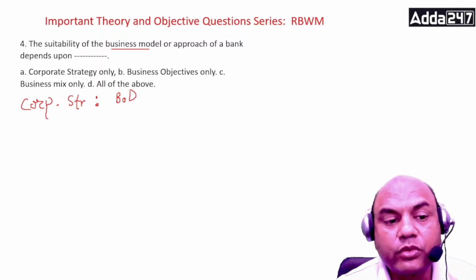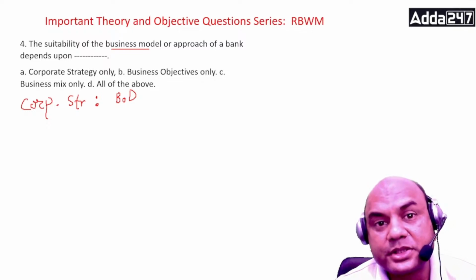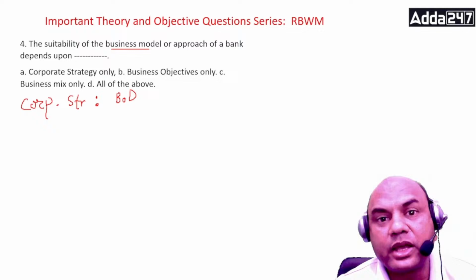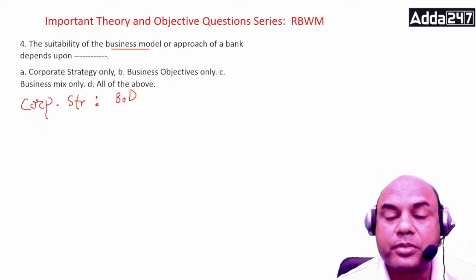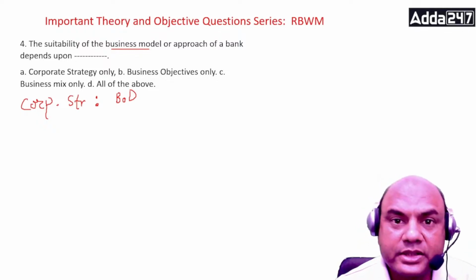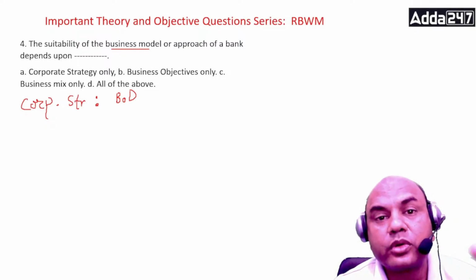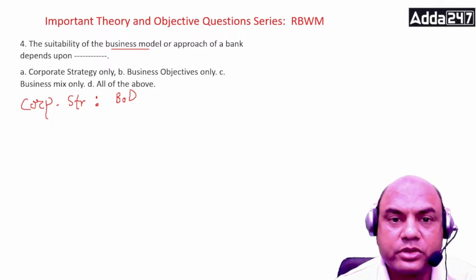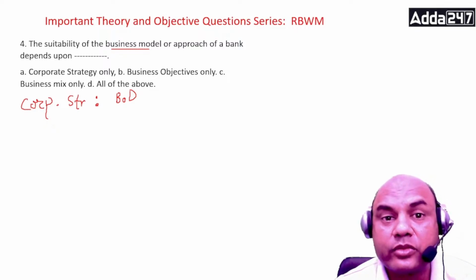Business mix means all the products I am having. Look at this. A very simple example is in the banks. Banks have all types of financial products. We have savings, we have current for those who are doing business, savings for the savers, those who are just saving, not investing.